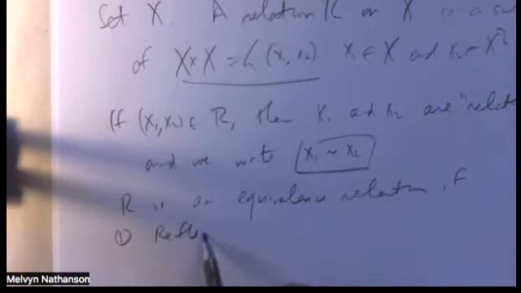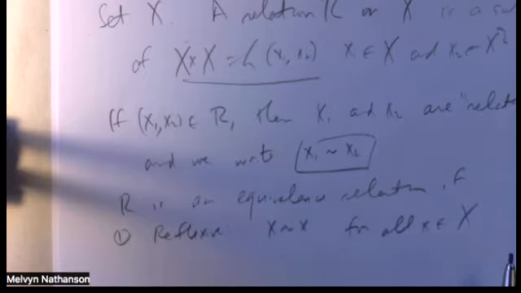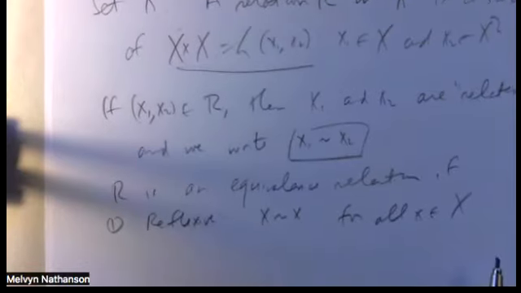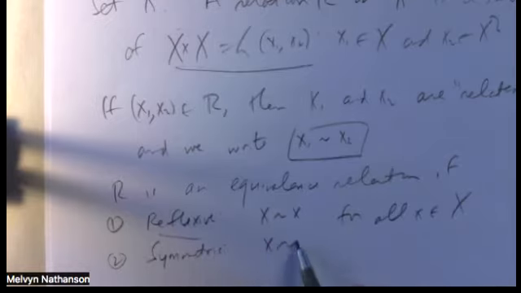First, reflexive. That means every element is related to itself, for all x in X. And you can think of equality as a model for this. Every number is equal to itself. It's symmetric, which means that if x is related to y, then y is related to x.